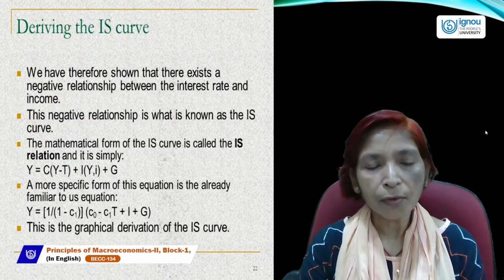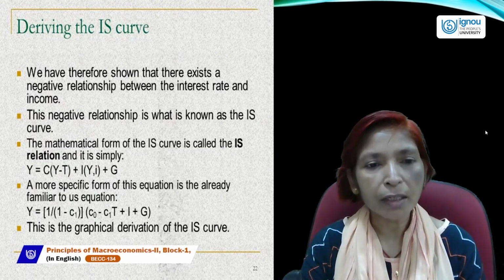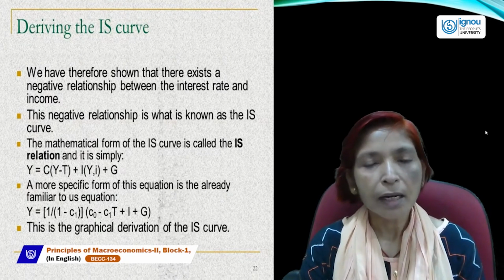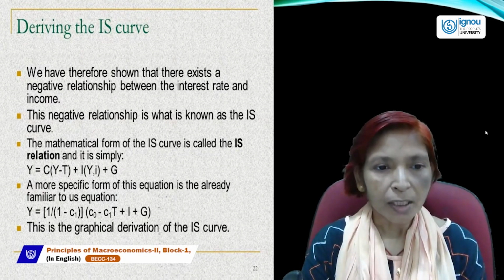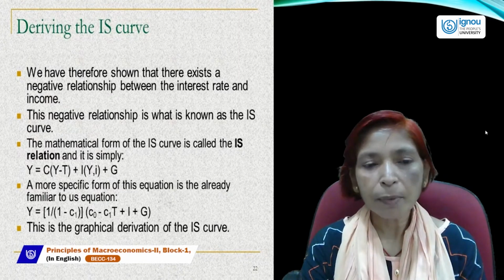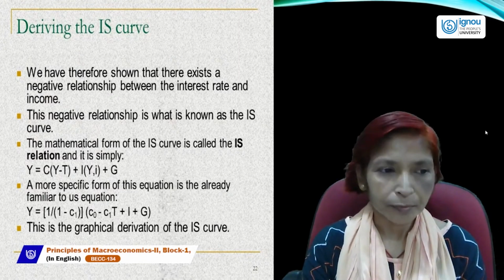We have therefore shown that there exists a negative relationship between the interest rate and income level or output level. This negative relationship is known as the IS curve.